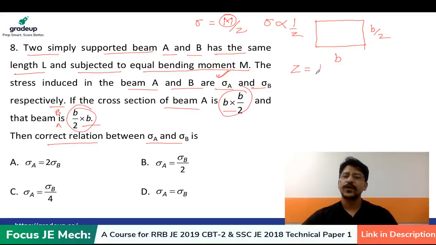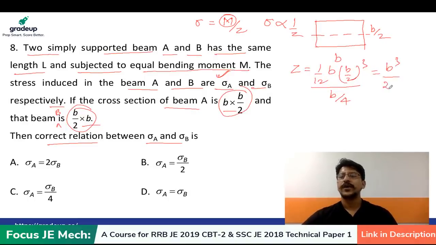Z will be 1 by 12 b into (b by 2) whole cube, divided by y, where y is b by 4. So you will get Z as b cube by 24.